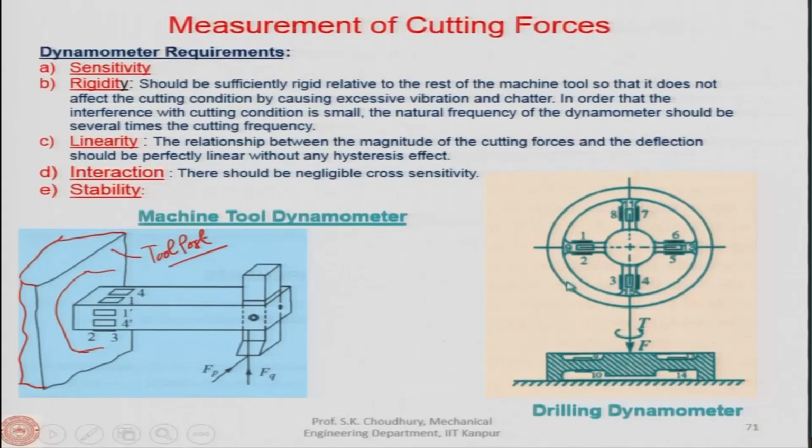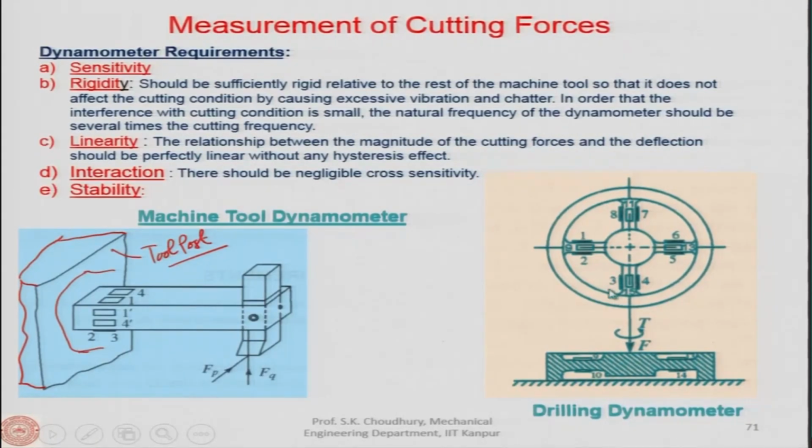So, there are 16 elements of gauges or piezoelectric elements which will sense 2 types of forces.